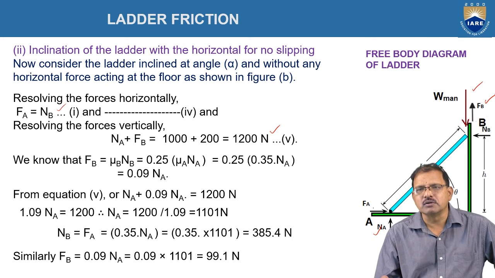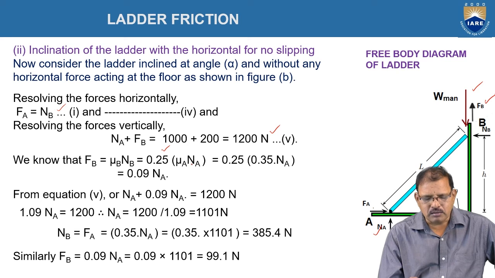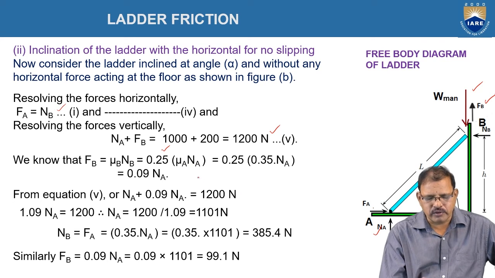We know that FB is equal to mu NB, which is equal to 0.25 into NB, but NB is equal to, according to the first equation, FA, so we can write it as mu NA, that is FA, which is equal to 0.25 into 0.35 NA.